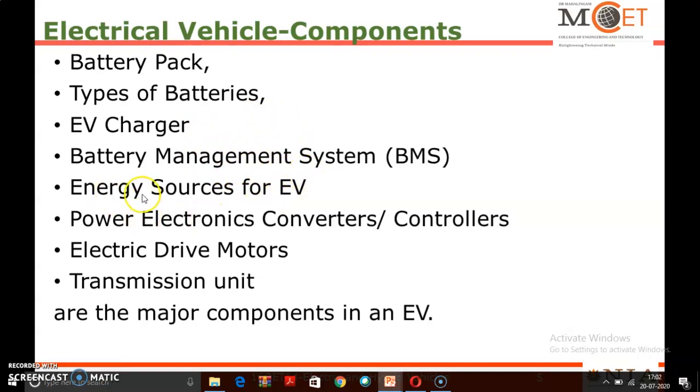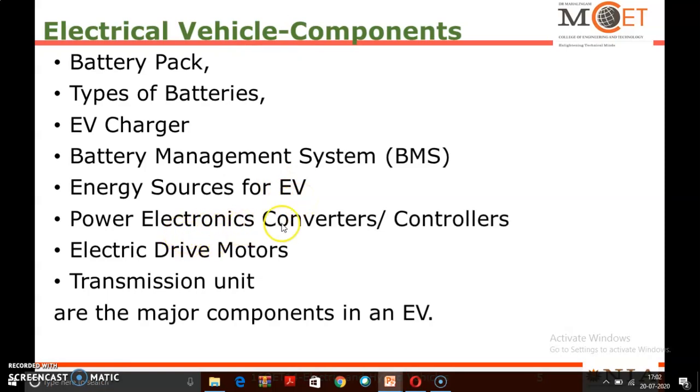Next is the energy source for the electric vehicles. The available energy sources for the electric vehicles are renewable energy sources like solar power, wind power, geothermal power, and hydroelectric power.